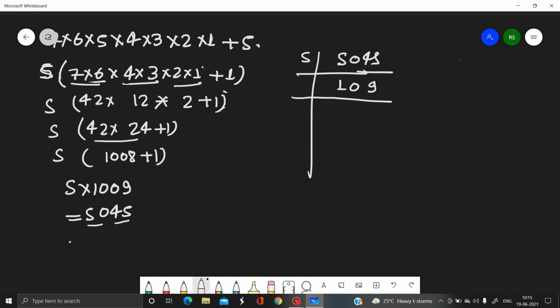So it's 1009. Here, is it divisible by 7? 7 1s are 7. No, it's not divisible by 7. I think it's divisible by, it's not 109.